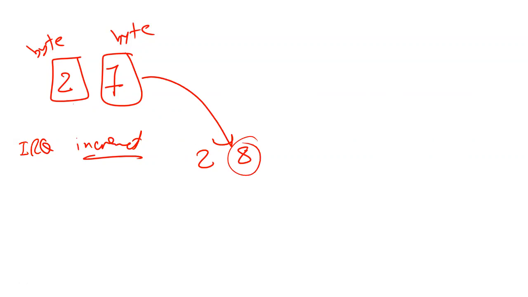The next time when I increment, I take this one and increment, so it is going to be 9. I'm done. I increment the first digit, and if it is less than 10, I'm done. Although they are 2 bytes, I'm going to keep the number here decimal.